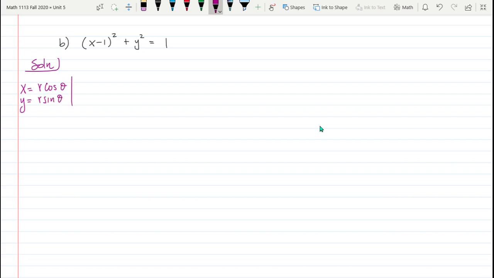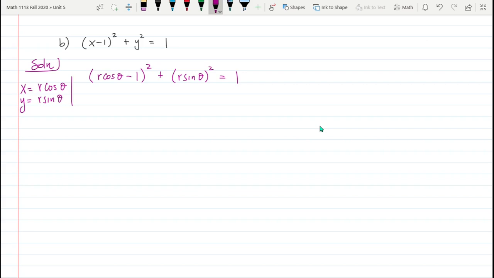Now we're going to replace those values in, right? So this is r cosine theta minus 1 all squared plus r sine theta all squared equals 1.